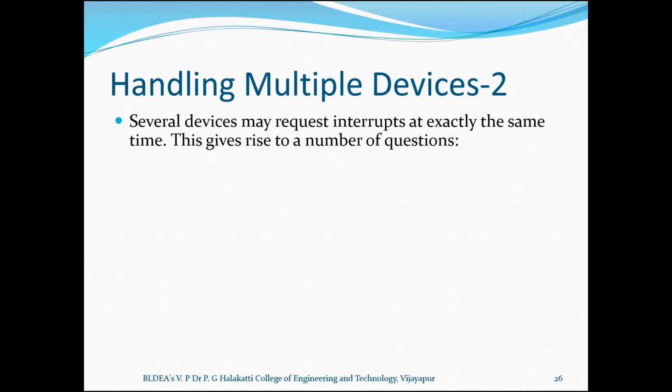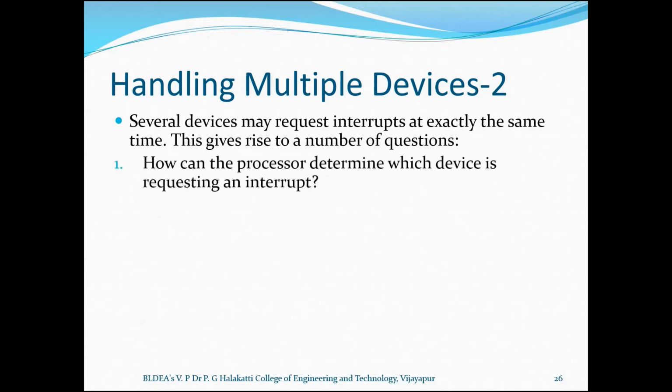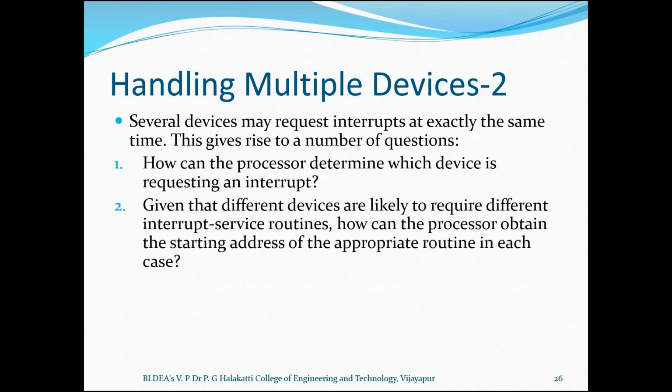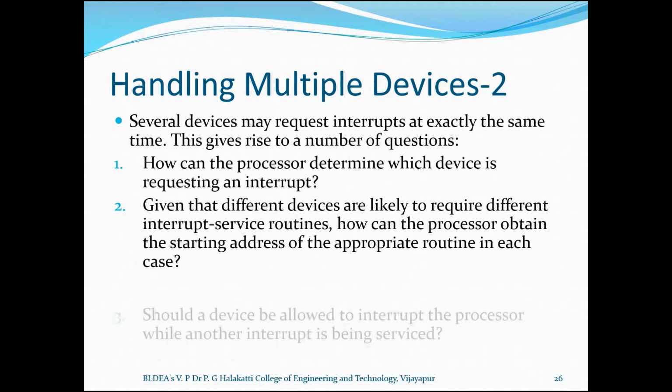This gives rise to a number of questions. How can the processor determine which device is requesting an interrupt? Given that different devices are likely to request different interrupt service routines, how can the processor obtain the starting address of the appropriate routine in each case?